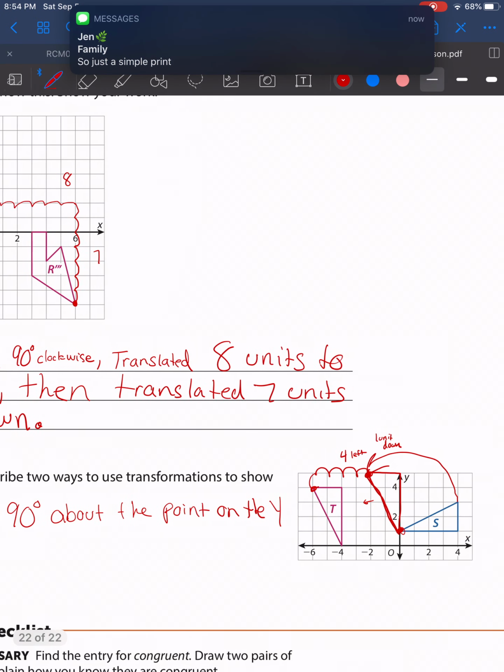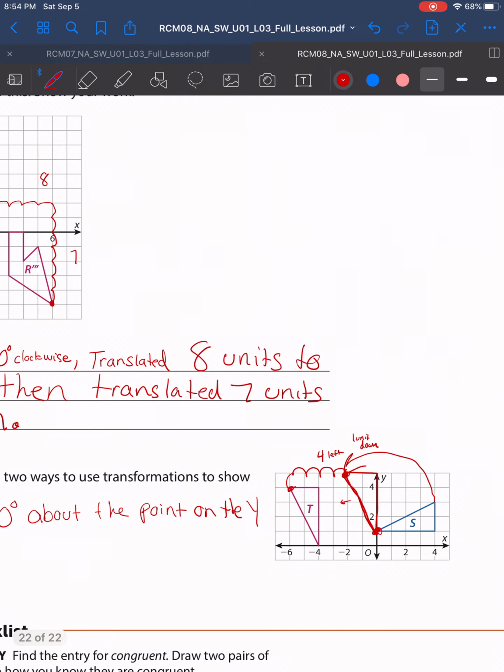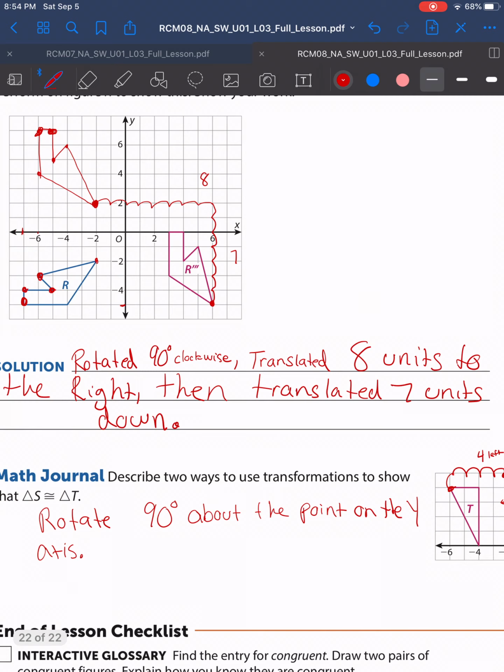That's kind of important. We have to put that we're rotating on this point, okay? After we rotated it, then we've got to move it 4 units left and then 1 unit down.